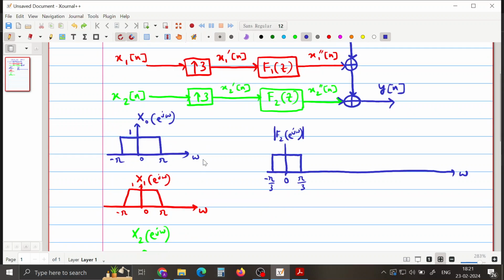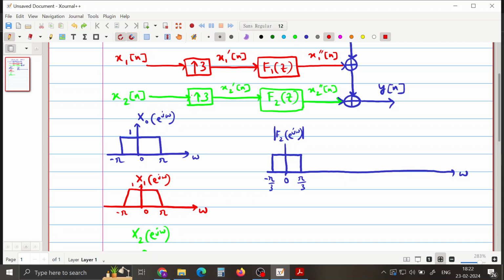Okay, what I have done here is I should have used the correct ink color.